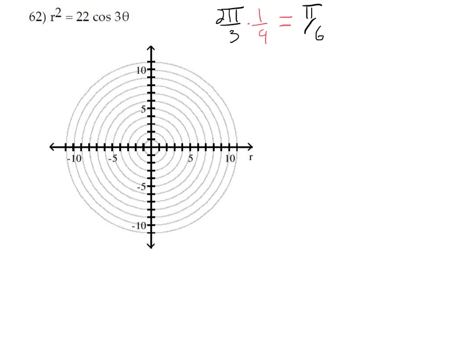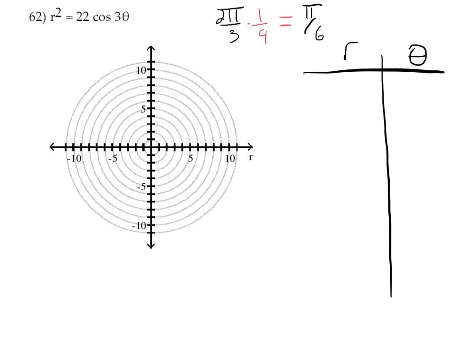So this gives us the theta values to find r. We're going to start with 0, and then pi sixths, then 2 pi sixths, 3 pi sixths. 2 pi sixths reduces to pi thirds, 3 pi sixths is pi halves, 4 pi sixths is 2 pi thirds. And that completes one period. That may well be enough, so we'll stop there. If we need more, we'll get more.